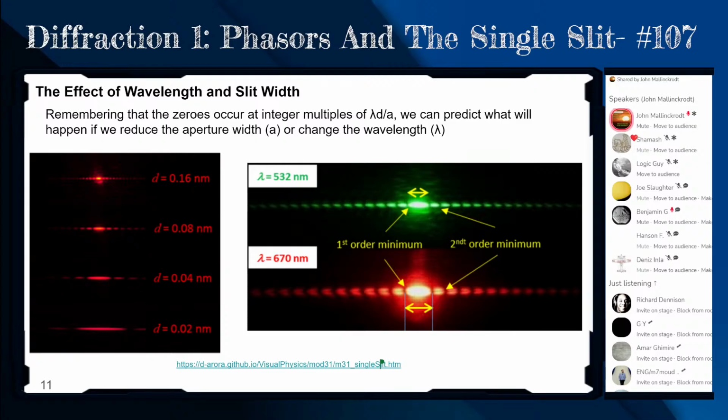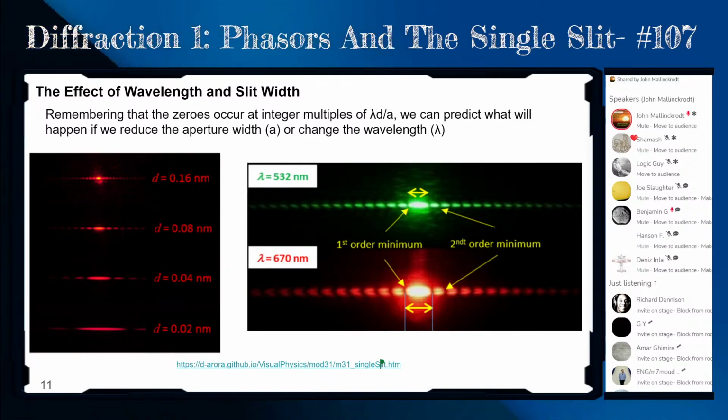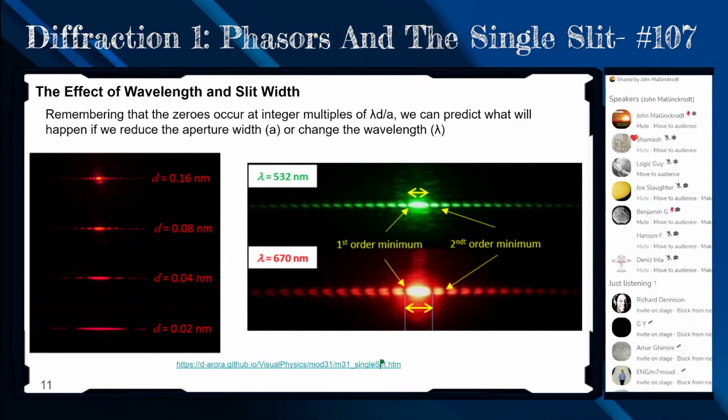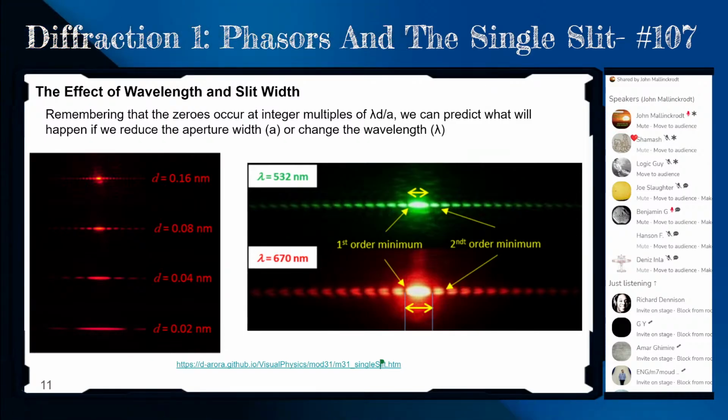One of the weird things, when we go to the double slit, probably next week, we'll see that a double slit pattern is really just a modulated single slit pattern. If the two slits are relatively small and close together, they both produce the same single slit pattern. If you block either one of them, you'll just get the pattern that we talked about today.